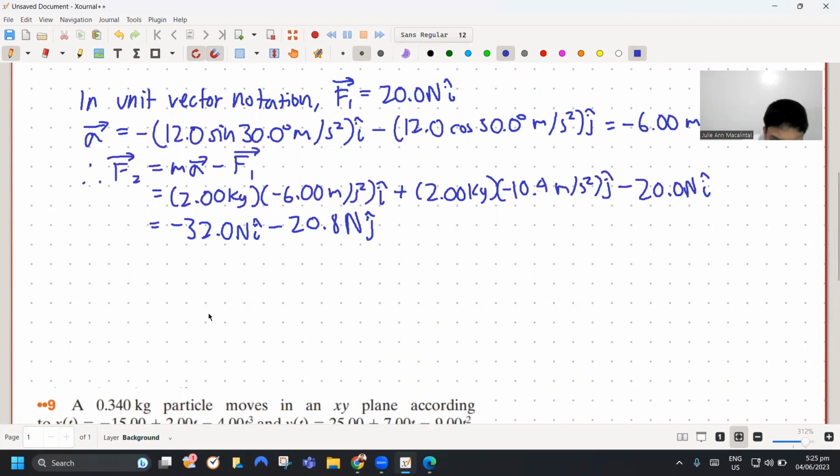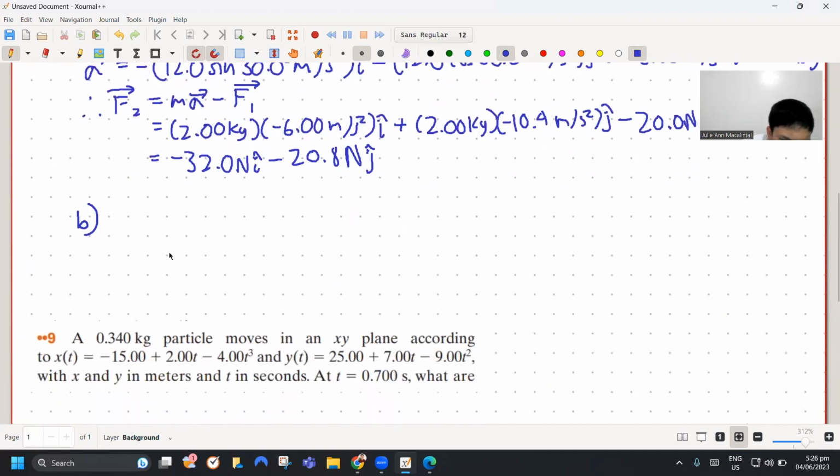Okay, so nakuha yung F2 in component form. So magnitude and then angle relative to positive direction of the x-axis.